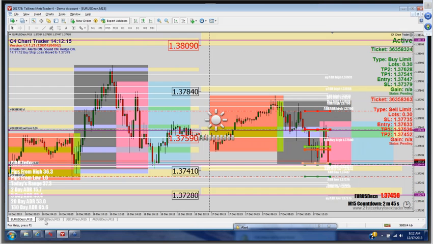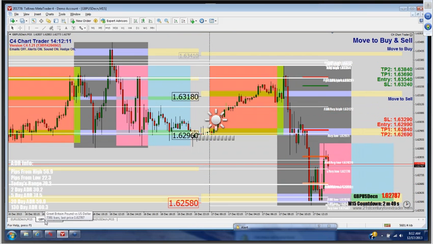Next one up, pound USD. Currently on the pound USD we are trading at 62.79.